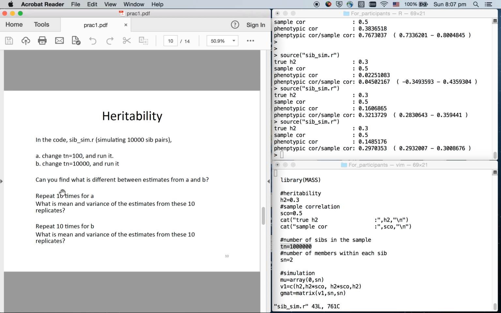So the next question is related to the confidence interval. Hopefully you can do it by yourself following this question. You can repeat 10 times for A and 10 times for B, then work out the mean and variance of the estimation.